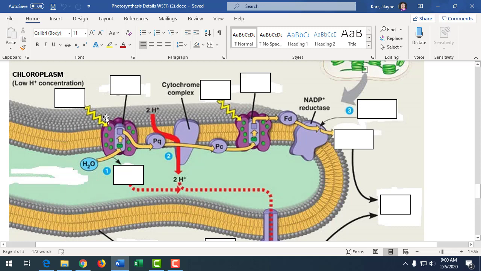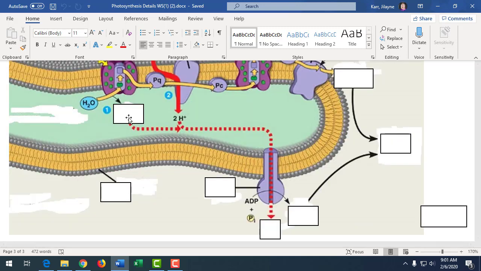Okay, so we have light striking these pigment molecules, right? And then what happens here, we're going to have, right? And hydrogen ions are pumped. What do we call this special thing that uses hydrogen ions?